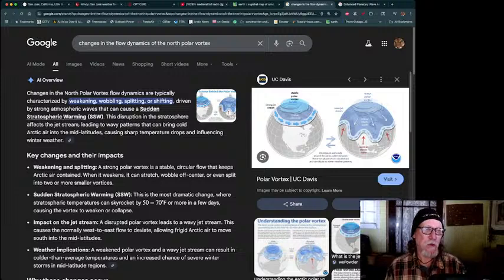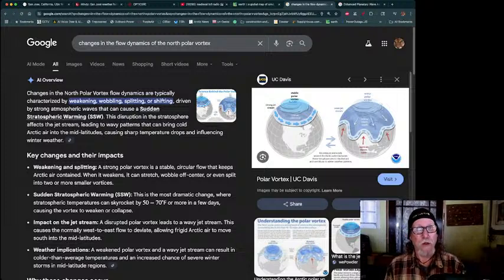Sudden stratospheric warming causes strong atmospheric waves. This disruption in the stratosphere affects the jet stream, leading to wavy patterns that can bring cold Arctic air into the mid-latitudes. That's you. That's me. You don't know you're living in the mid-latitudes, but you do. Causing sharp temperature drops and influencing winter weather. Actually, it's now so bad that it's influencing fall weather and spring weather as well.